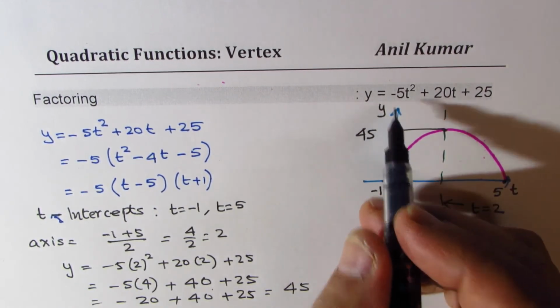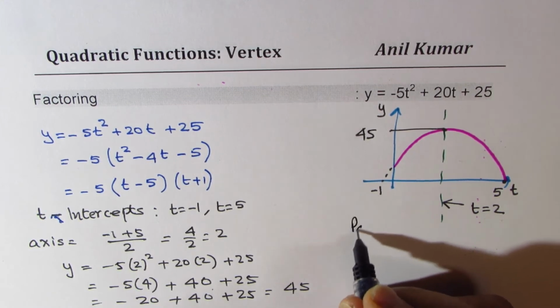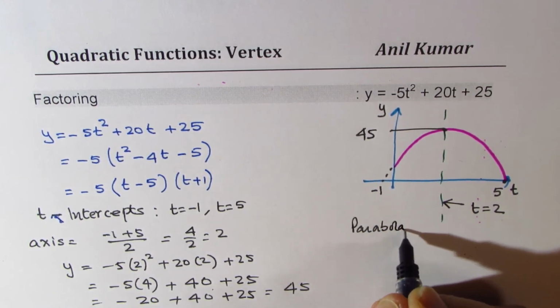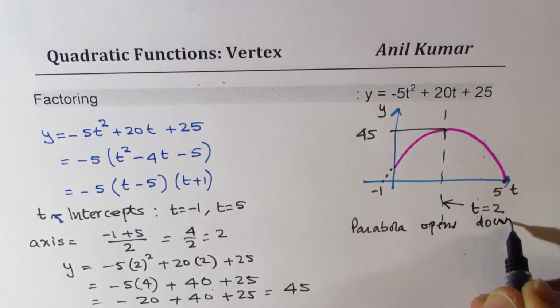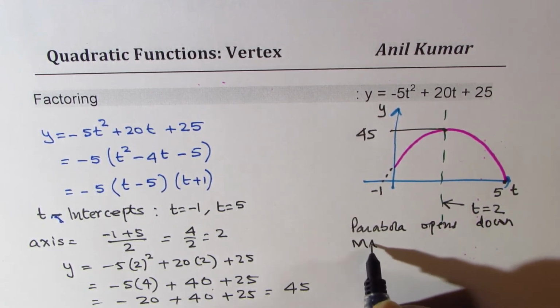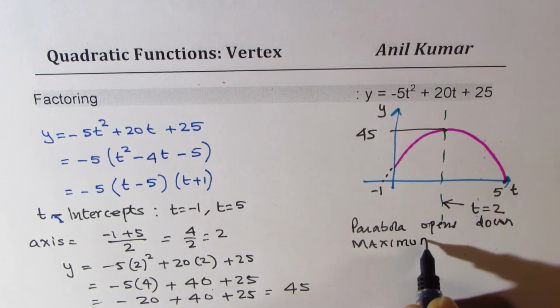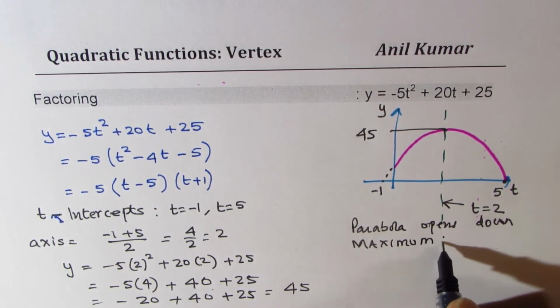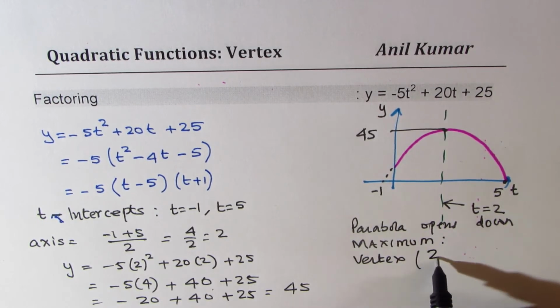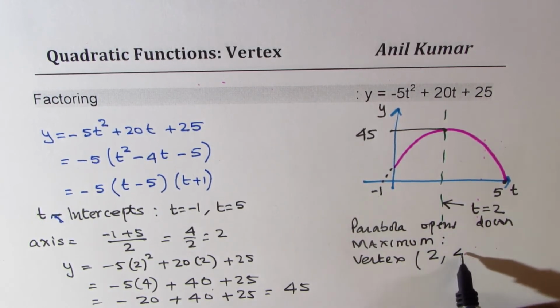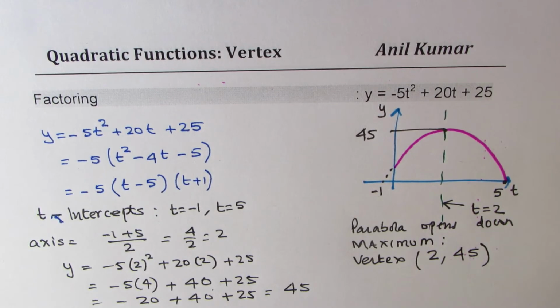Now since we have a negative here, the parabola opens down, so we have a maximum, and the vertex is at 2, the t value, and 45 is the maximum value, correct?